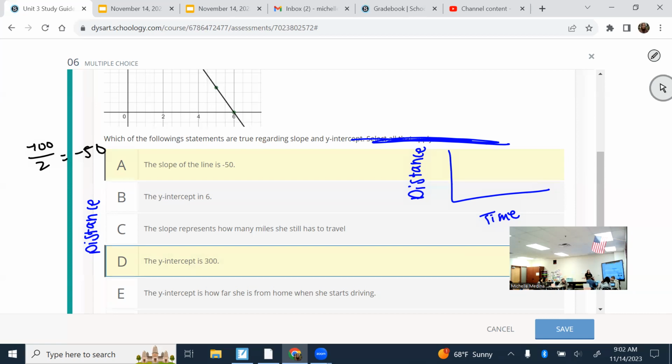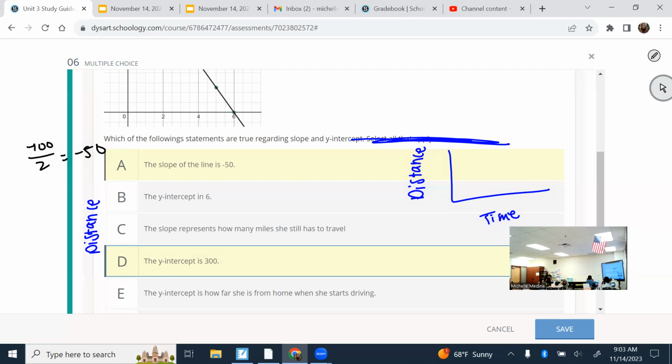So in that case, it's changing by 50, and since it's negative, it's going down. But in this situation, 50 what? Is it 50 miles that she still has to travel? Does that make sense? It doesn't. It does not make sense.